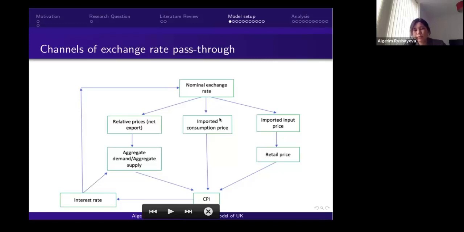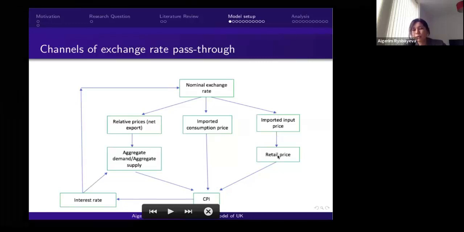In my model, we have 2 imported prices. One is the consumption price, one is the input price. The imported consumption price is quite straightforward because it is part of the CPI basket. For imported input price, it goes through the marginal cost and affects the CPI level.